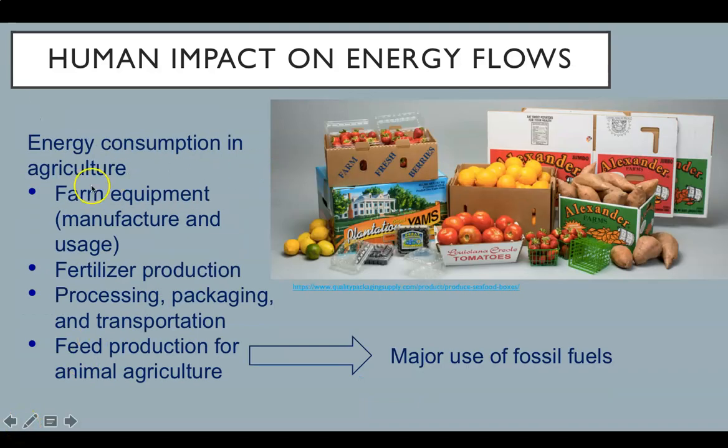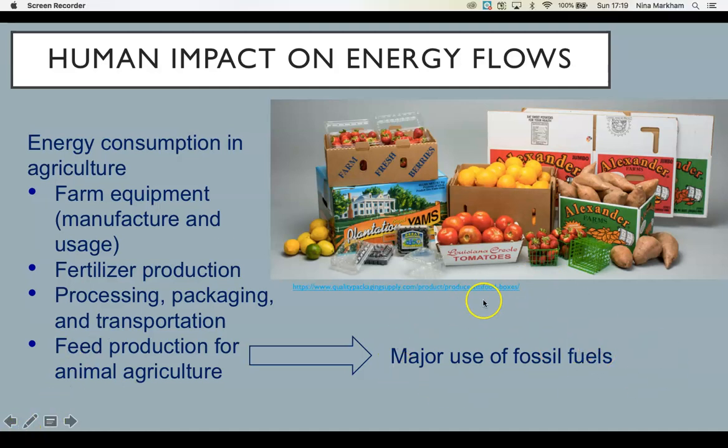Energy consumption in agriculture includes the farm equipment, both the manufacture and the usage of it, fertilizer production, processing, packaging, and transportation of those crops, and feed production for animal agriculture. And all of these require the major use of fossil fuels.